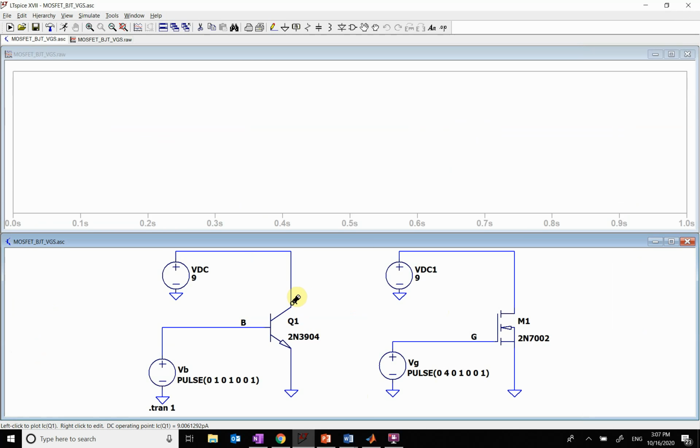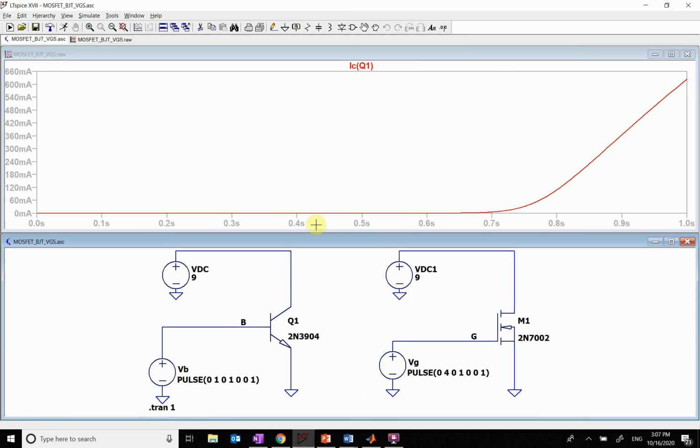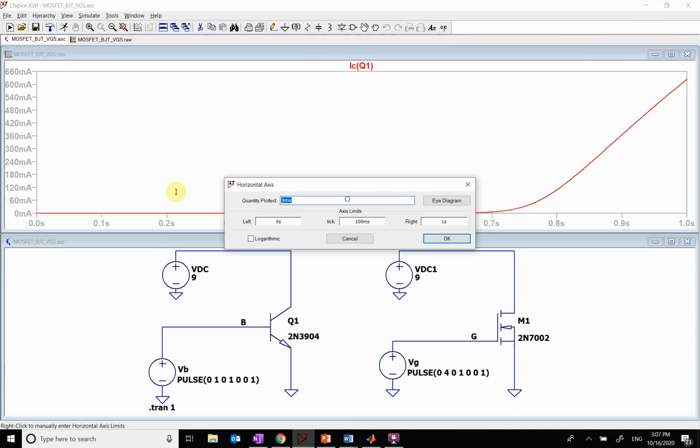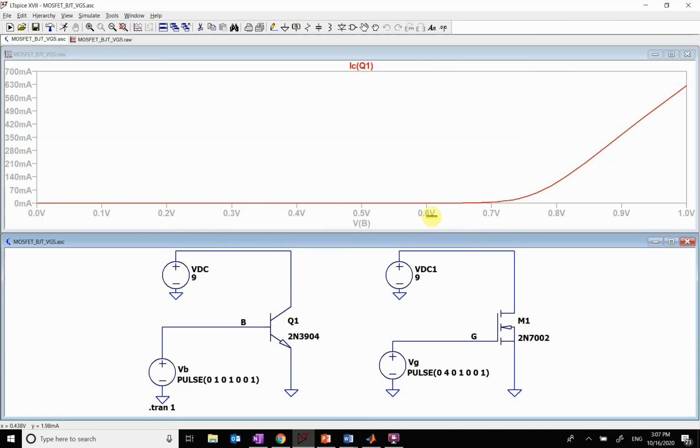So if I look right here at the current as a function of V of my base, you see I end up getting this exponential type relationship. I end up getting some RS, and so it ends up going linear when I get to this point. But we see that here's my 0.7 volt turn on voltage.